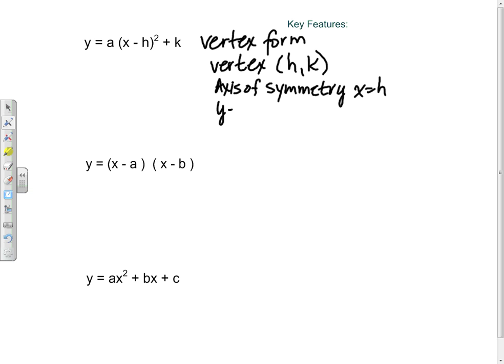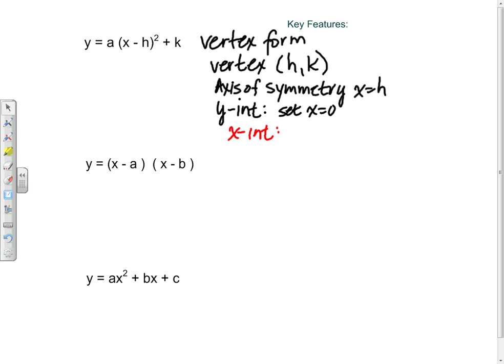The y-intercept we can find by setting x equal to 0 in this form. It's the x-intercepts that are a problem. They are not immediately obvious in this particular form.